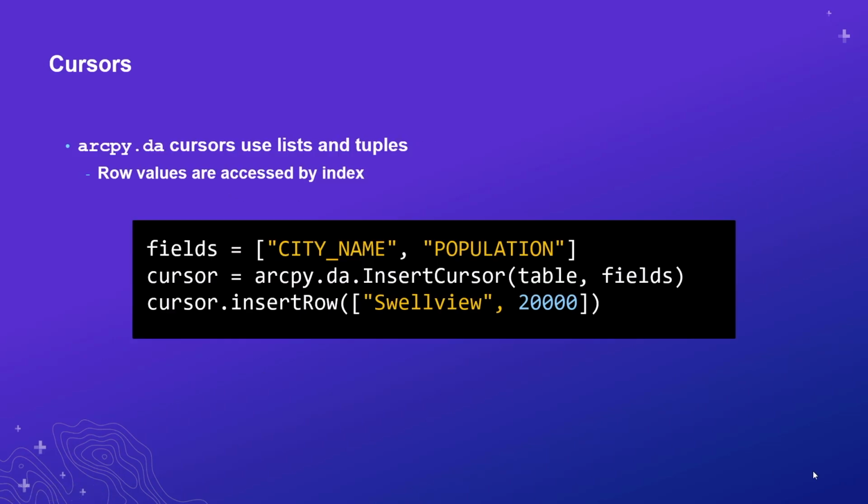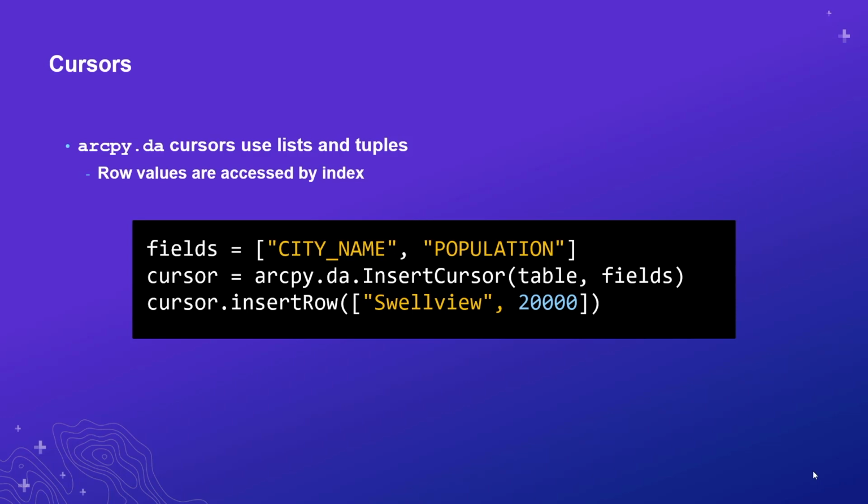Here is a simple code example showing the use of an insert cursor. The code is really minimal. The only parameters provided are the input table and the list of fields. There are many additional optional arguments that you could provide when creating a cursor, but these are optional, and you can get more details on those in the user documentation.